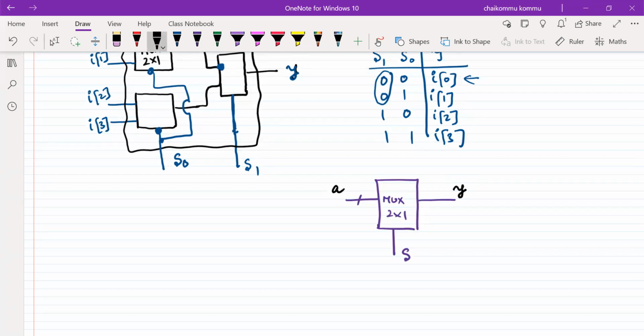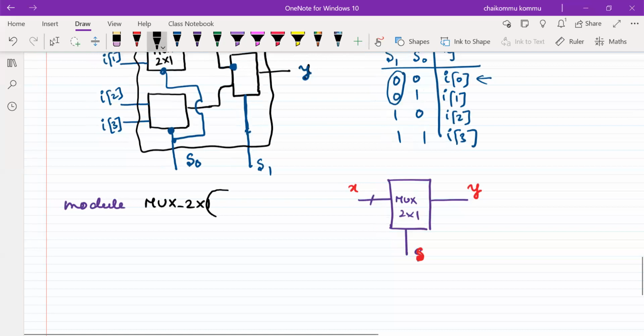Okay, same name also we can use it, but don't worry about it. So let us write, better for the first time, don't confuse X, for example, Y. It is some example S only. Okay, fine, no problem. Write module mux underscore 2x1. So that's the way I'm writing. So what are the variables I'm using here?